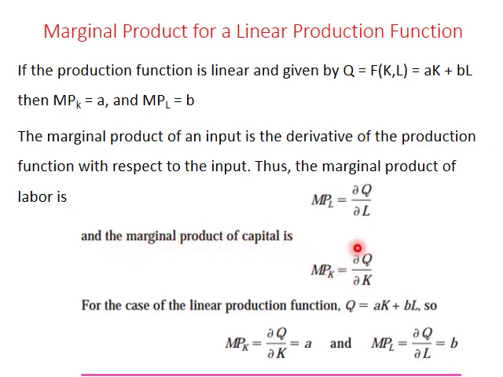If we want to calculate the marginal product of capital, it is the first derivative of the total product with respect to capital. When we differentiate total product with respect to K, we get A.